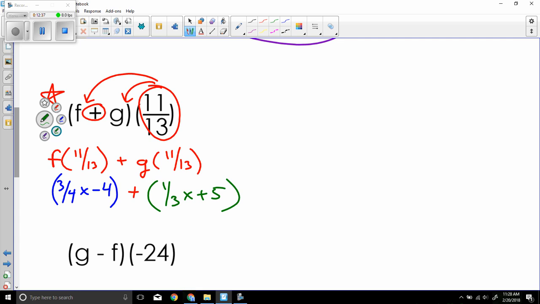Plugging in that 11/13, I will have 3/4 times something minus 4. Of course, we know what the something is going to be. That's the 11/13. Plus, I need 1/3 times something. We know again what that something is going to be. It's got to be this 11/13.